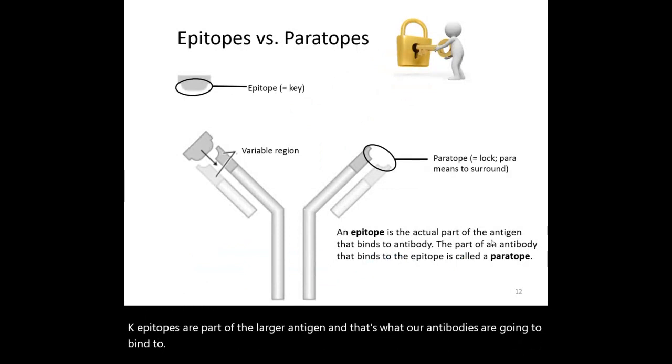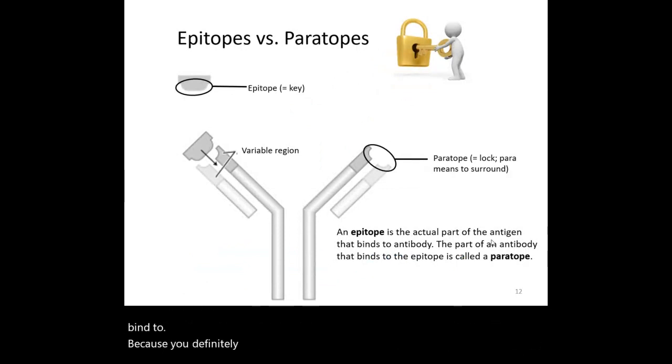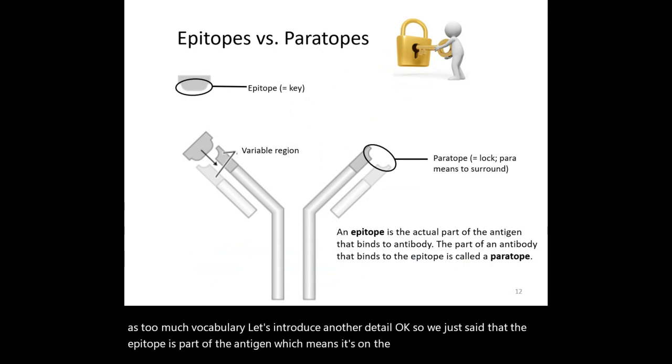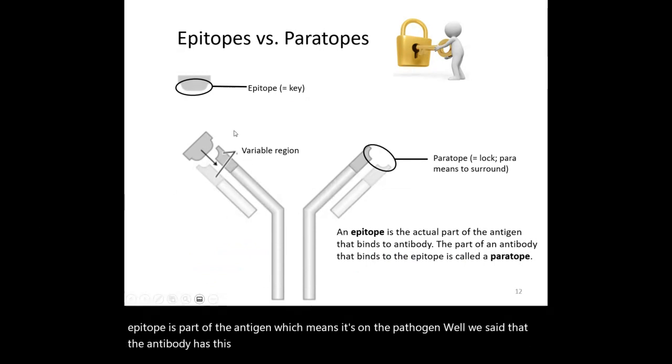Now, because you definitely need more vocabulary in your life, right? There's no such thing as too much vocabulary. Let's introduce another detail, okay? So we just said that the epitope is part of the antigen, which means it's on the pathogen. Well, we said that the antibody has this variable region that is going to vary in shape based on its specific epitope.